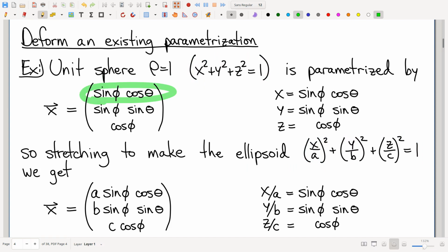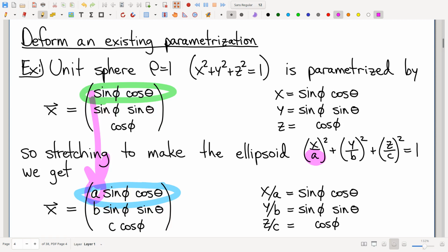This x coordinate on the sphere, I can turn into this x coordinate on the ellipsoid just by, again, stretching by a factor of A. Right? I need those x coordinates to be A times as big, and I do that by literally multiplying by A. That literally makes them A times as big. That's all there is to it. Does that make sense?